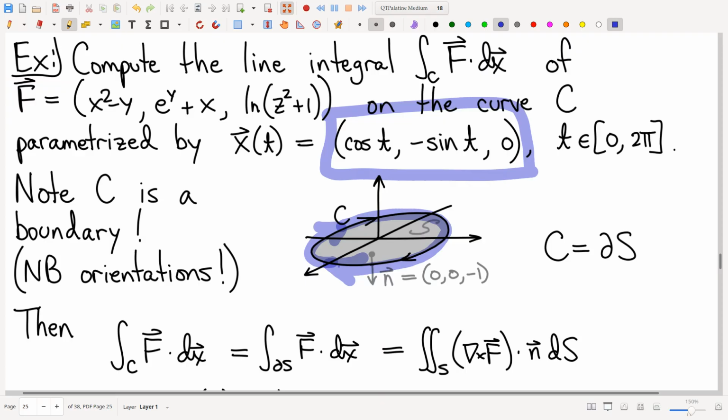When you look at this picture, we tend to think in terms of looking at this disc like this, and we tend to think of the orientation as being up, but you don't have to. We're making up the surface. We can orient the surface however we like. And I'm going to say, let's orient it downward, like so.